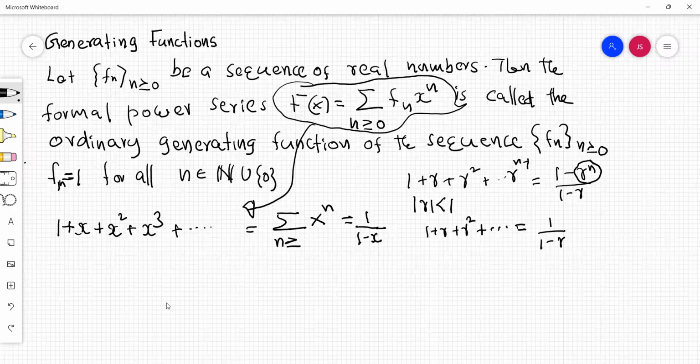Let's see another example. What about this one?